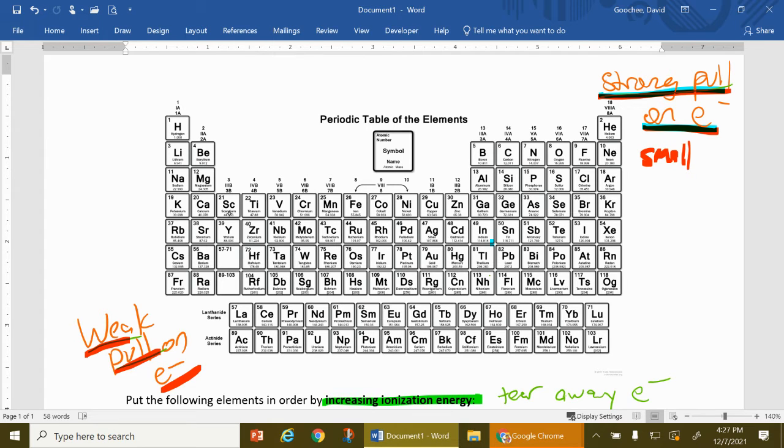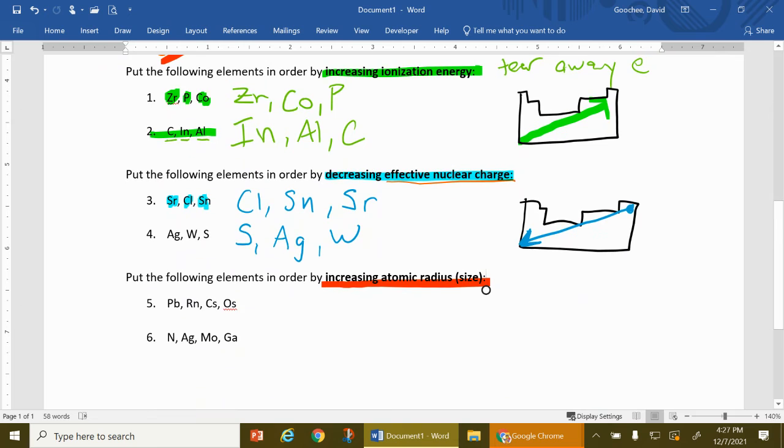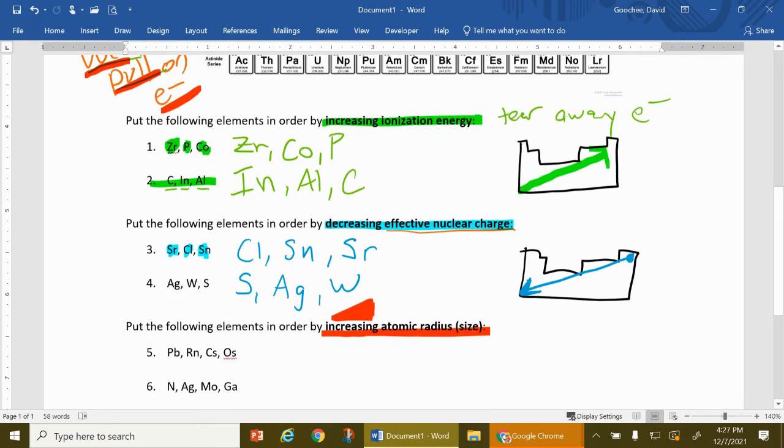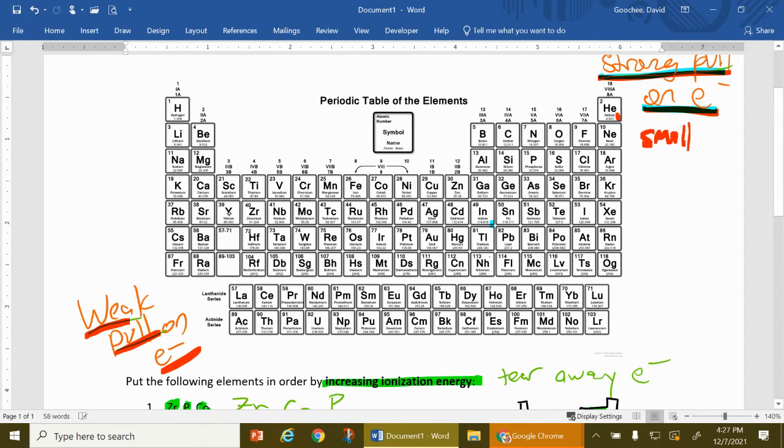Atoms in the bottom left are bigger because they have a weak pull on their electrons, which spread out. So if we're increasing atomic radius, going from small to big, this is the trend that we are following.